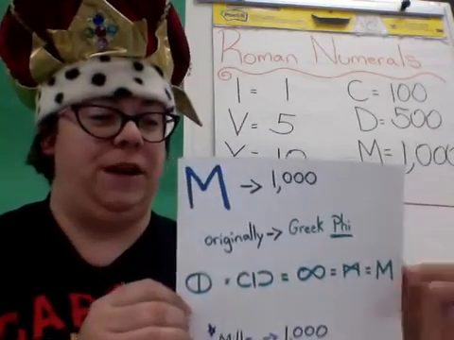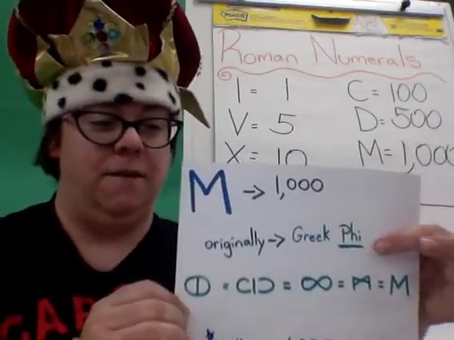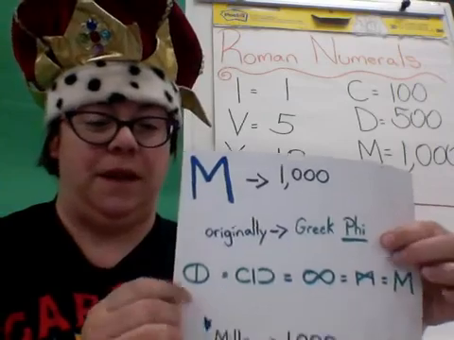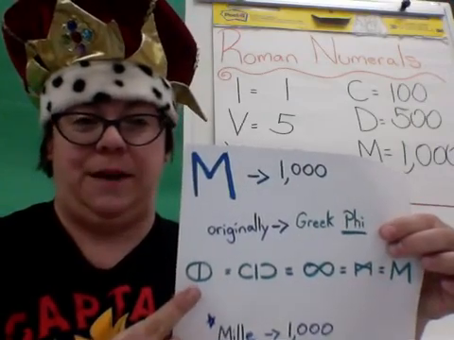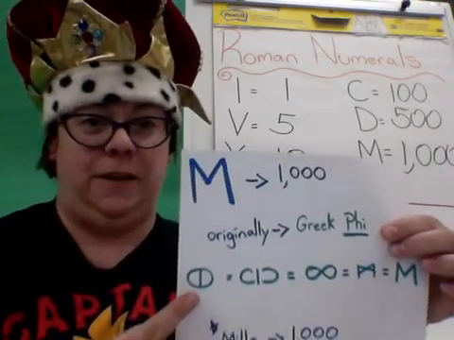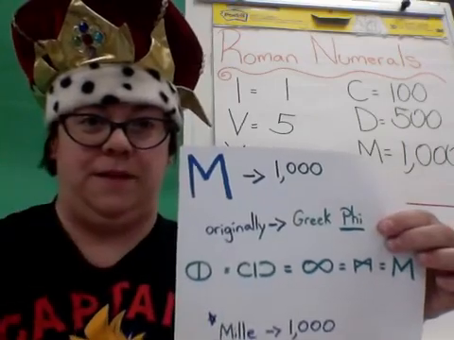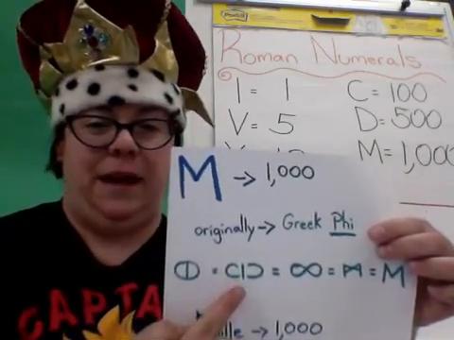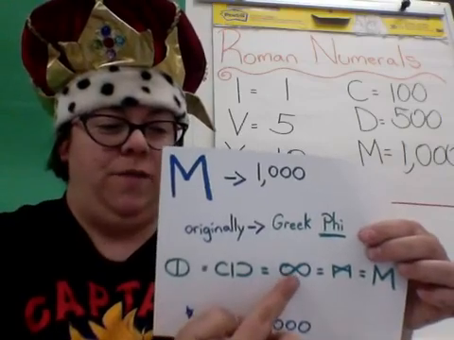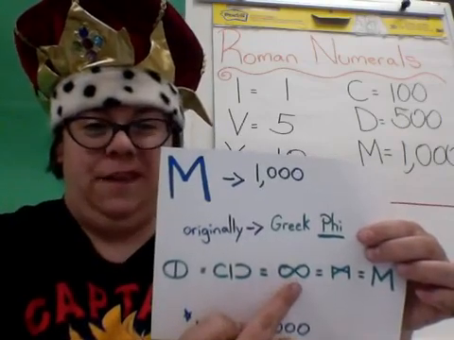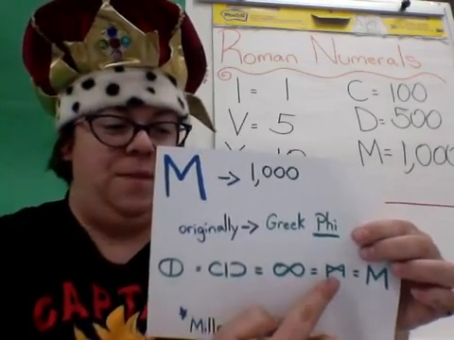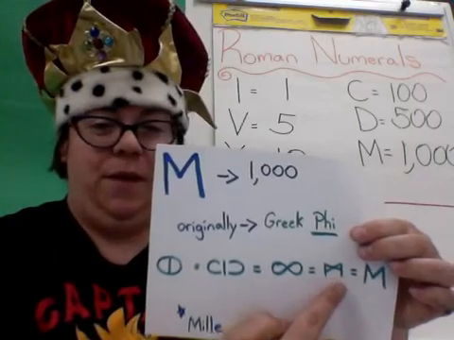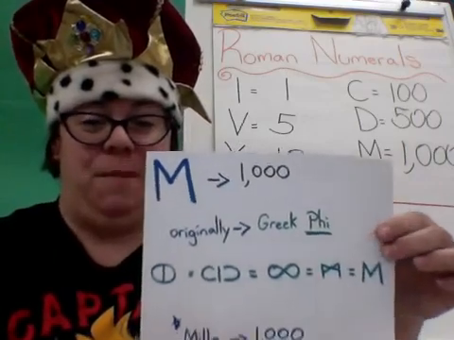Originally, they used the Greek letter phi to represent 1,000, and that is this symbol right down here. Now, that's quite difficult to constantly write or scribe into things, especially if you're writing it into stone. So they separated it out. It also evolved into the infinity symbol, which then it became this symbol and eventually just the M.